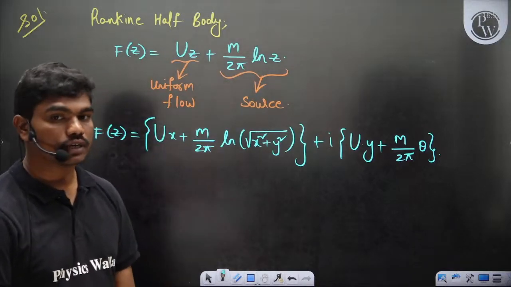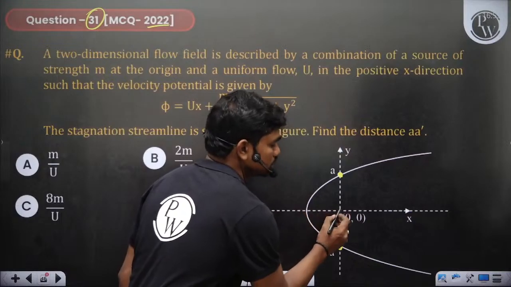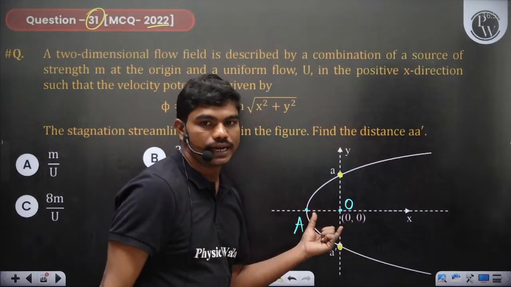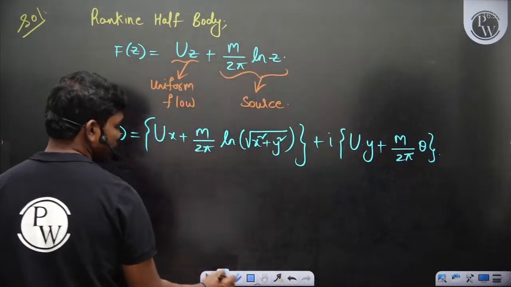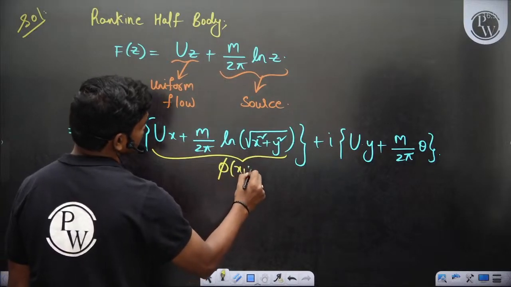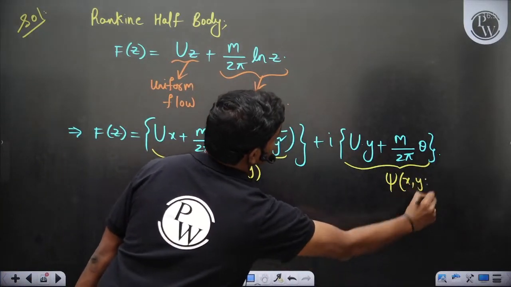m by 2 pi u is not that. m by 2 pi u is this distance, stagnation distance. This is m by 2 pi u. Okay, not this. So you can clearly see now, this is the equipotential function or the potential function, and this is the stream function, of course.